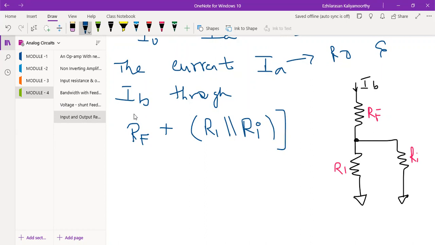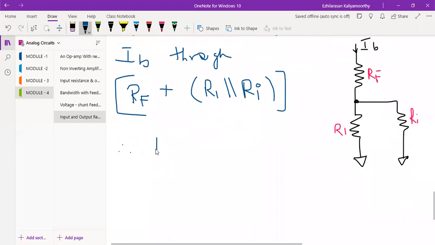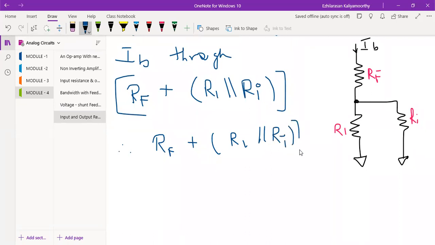I hope you got it now. This is for the IB through this. Now since RF plus R1 parallel to RI is greater than R naught.